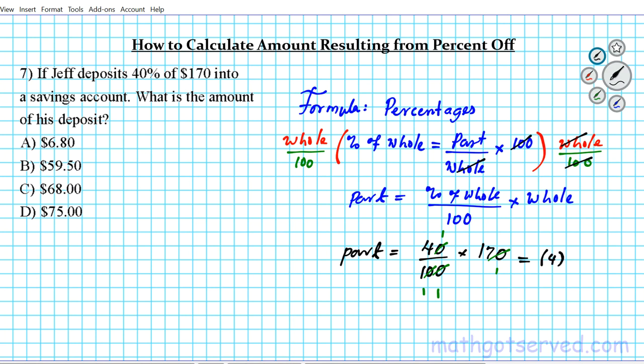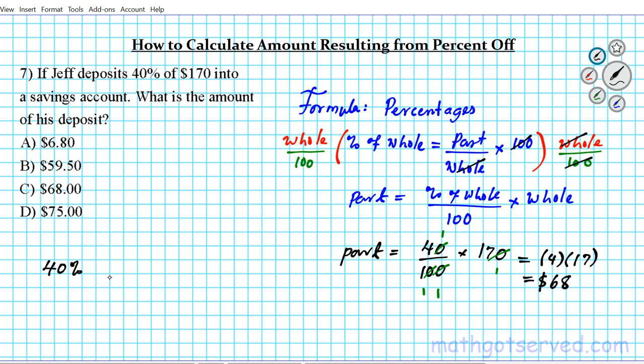What is 4 times 17? That's 28 plus 40, which is 68. Okay, $68. So 40% of $170 is $68.